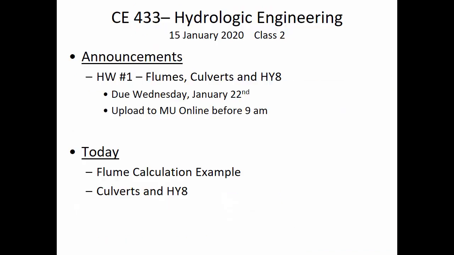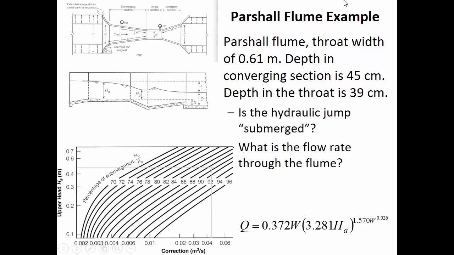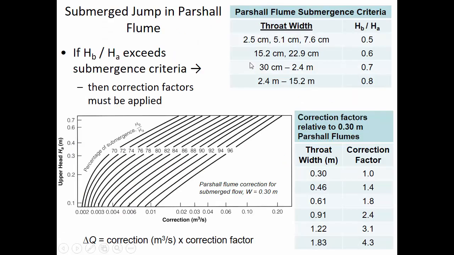So what we have to do in this example is, first of all, do the criteria to find out how is the ratio of H sub B versus H sub A. And for a 0.61 meter flume, here's the criteria. We're in this range of 0.7. So the limit, H sub B to H sub A, is 0.7.